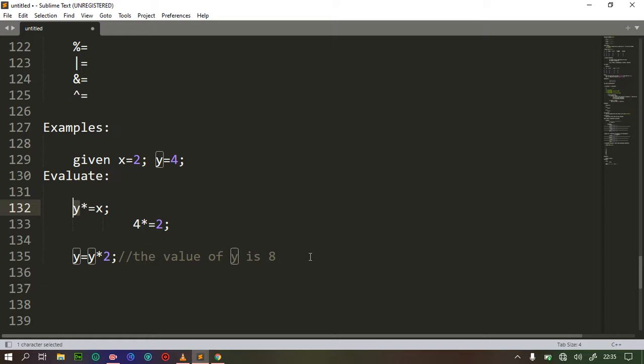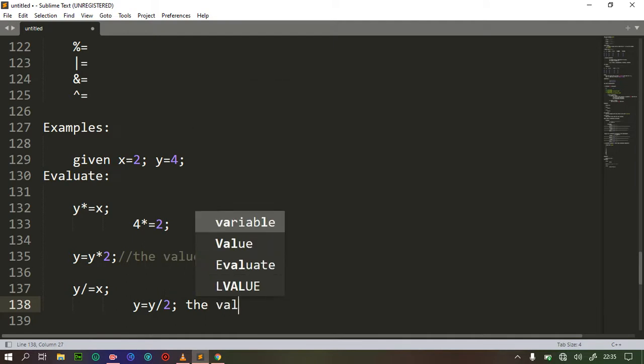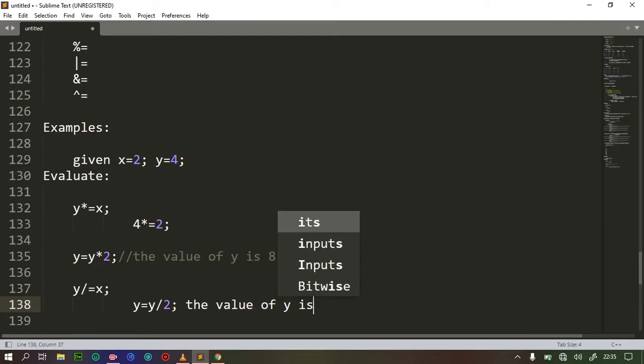Then once again, what if I said y divide assignment x? The full form of this is y is assigned y divided by 2. So definitely the value of y is 2.